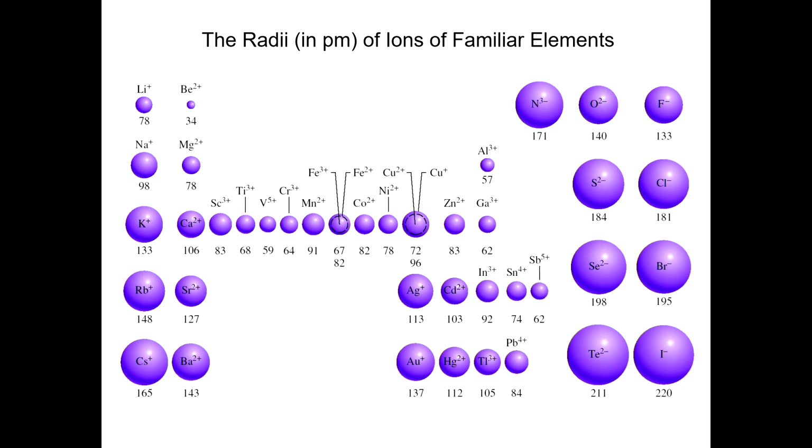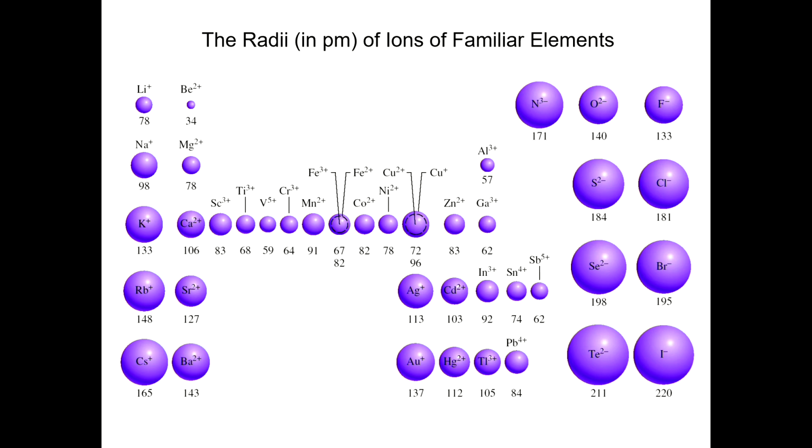You remember? In a period from left to right, for neutral atoms, does the radius increase or decrease? Decrease. Yes, decrease. So this is smaller than this one, right? But when they form ions, this is much larger than this one.